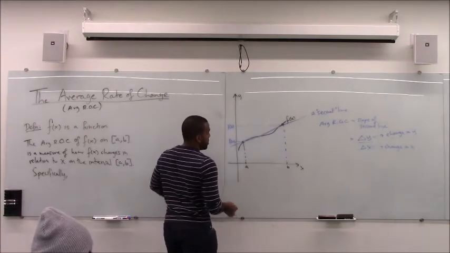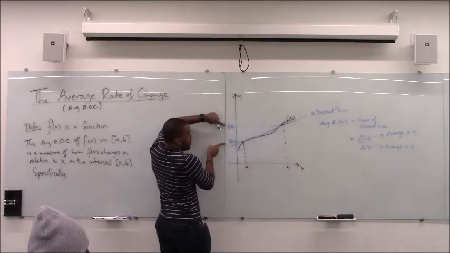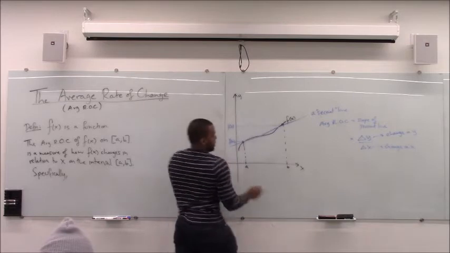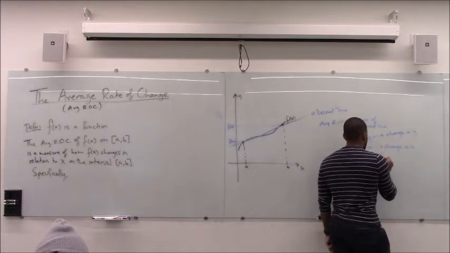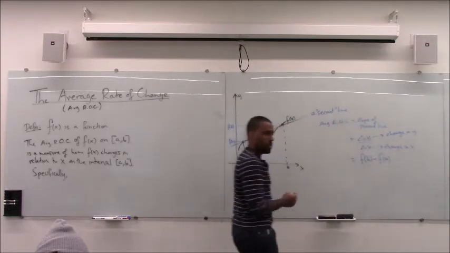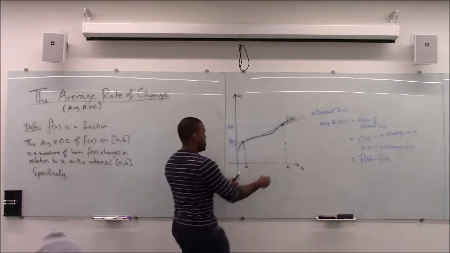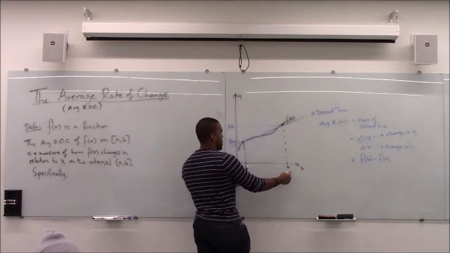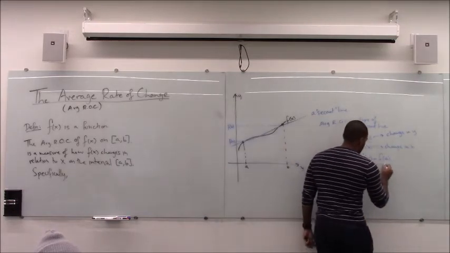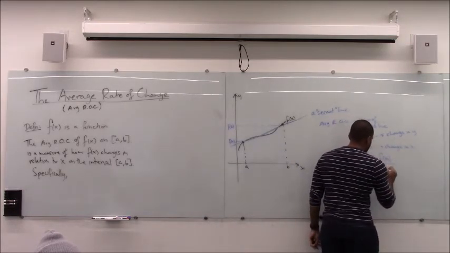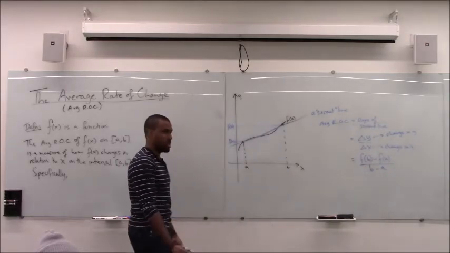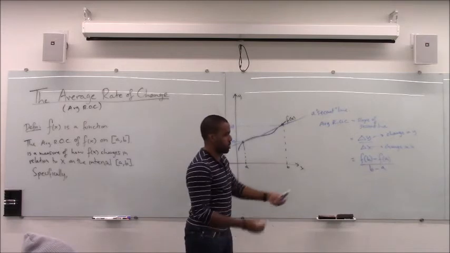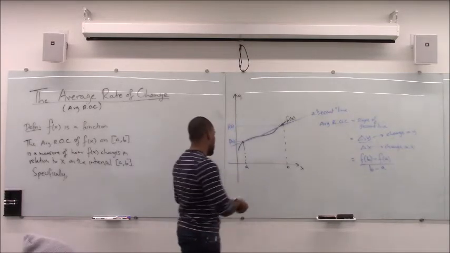Okay? So the change in y is just the difference between these two values here: f of B minus f of A, the top value minus the bottom value. And the change in x is just the difference between these two x values. We'll take the right minus left. So essentially that's like y2 minus y1 over x2 minus x1. Same idea. And you get that equation. So that's what we call the average rate of change.